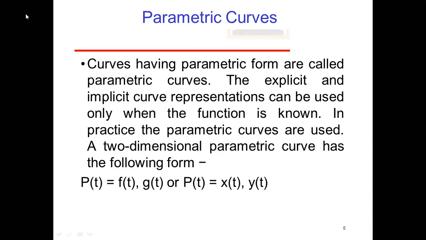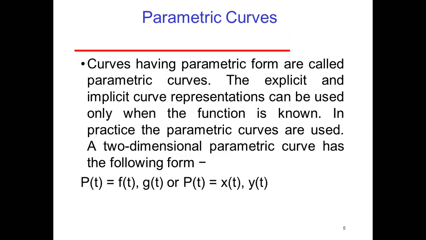Another category is the parametric curves. So far you have also studied these equations. A two-dimensional parametric curve has the following form: P(t) = (f(t), g(t)), or P(t) = (x(t), y(t)). If it is in the form of t, then such types of curves are called parametric curves. Again the solution is the same as in the preceding case.